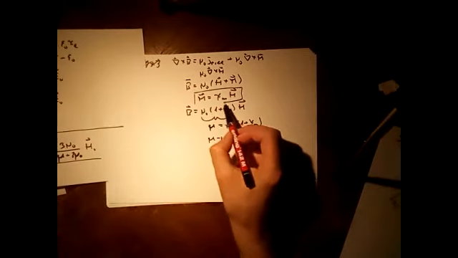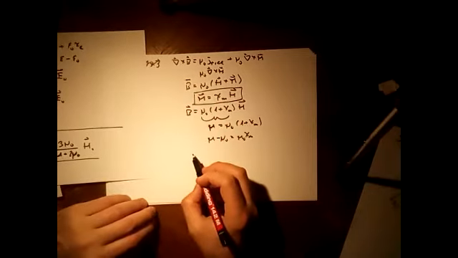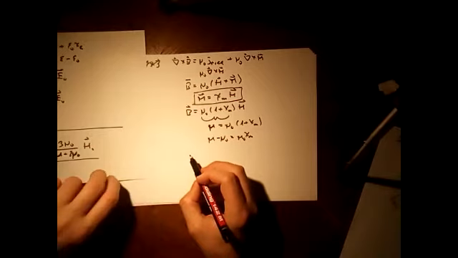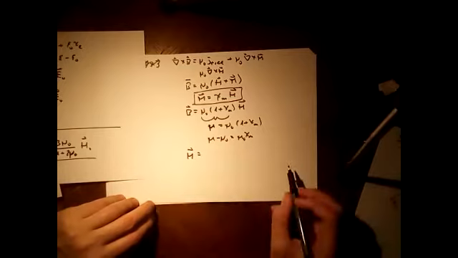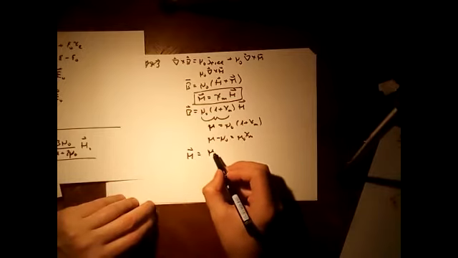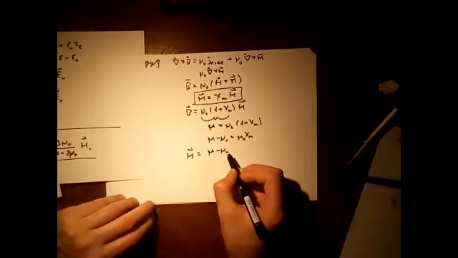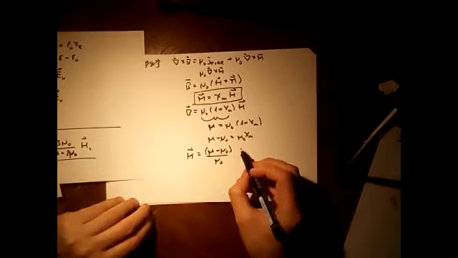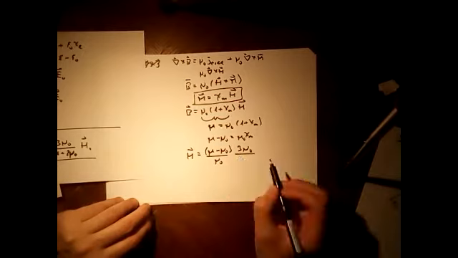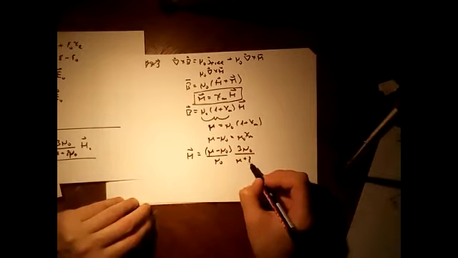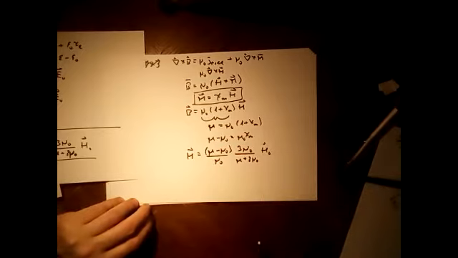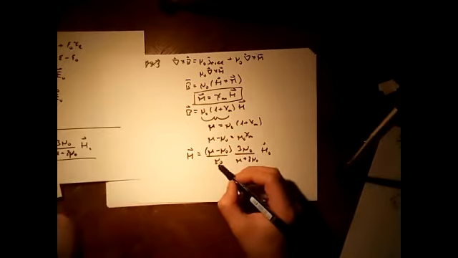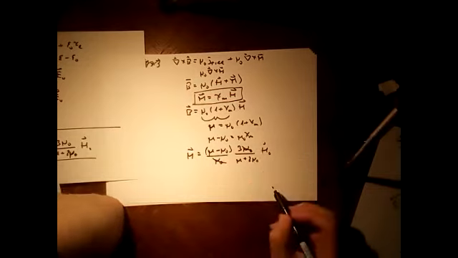So basically what we want here is that M is equal to chi m, which is mu minus mu 0 divided by mu 0, times 3 mu 0 divided by mu plus 2 mu 0, times H0. And then the mu 0 cancels.